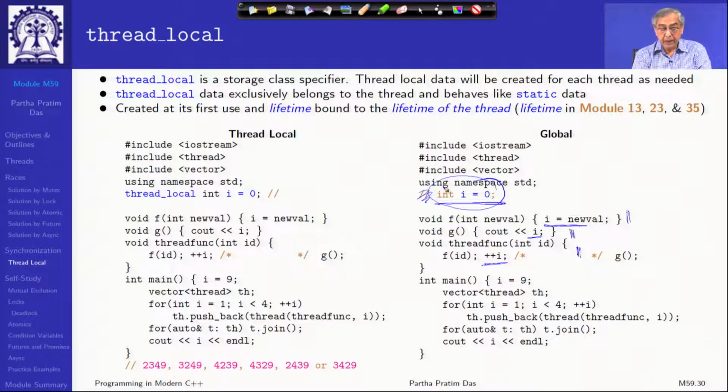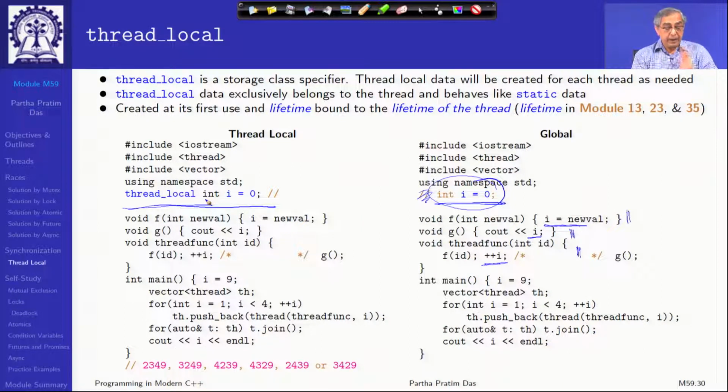Now, if I do that, then any other thread which may be working with the same thread function, its own I will also get affected because it is a global. So, the solution is to have thread local before this. What it means is that as long as you are in one thread, this will look to you as if it is a global.